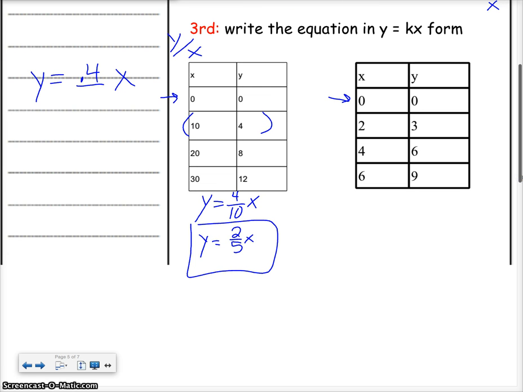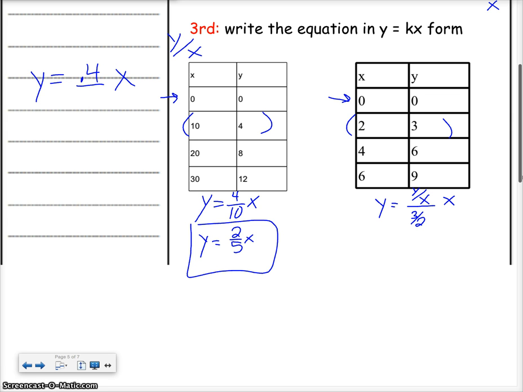Okay, the next table. Let's pretend that I didn't know it was direct variation and I want to check. That means I should be able to get to y by multiplying something by x. And remember, it's y over x. So what's y over x? 3 over 2, I'm picking a point. 3 divided by 2 is 1.5.